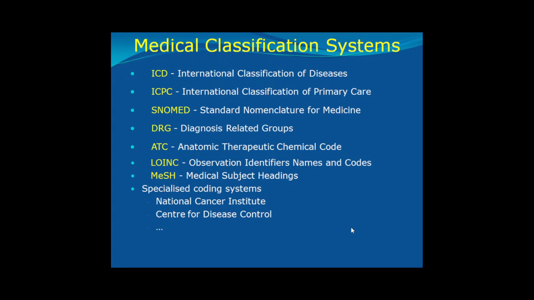ICPC, International Classification of Primary Care, SNOMED, Standard Nomenclature for Medicine, DRG, Diagnosis Related Groups, ATC, Anatomic Therapeutic Chemical Code, LOINC, Logical Observation Identifiers Names and Codes, MeSH, Medical Subject Headings, and there are different specialized coding systems such as National Cancer Institute or Center for Disease Control.